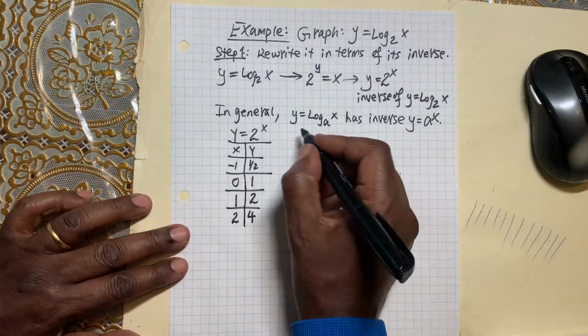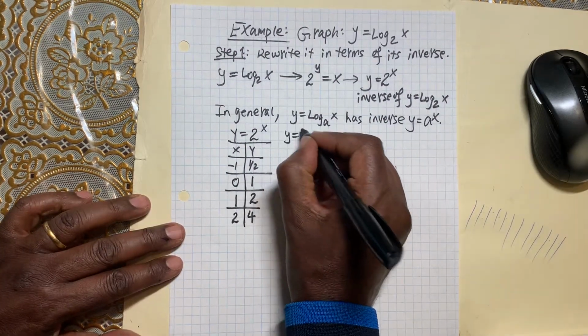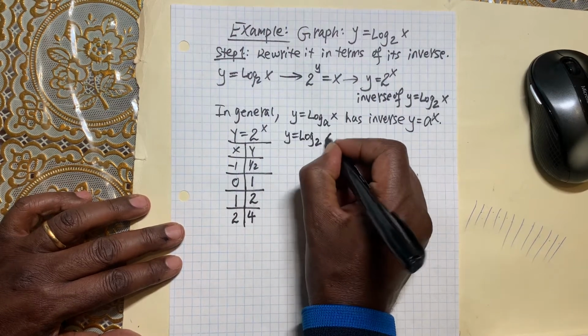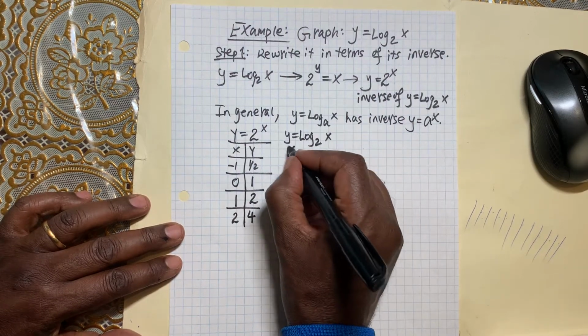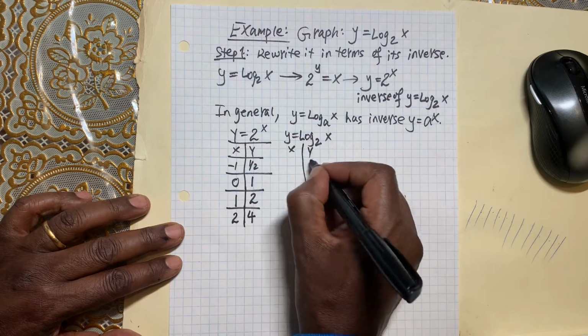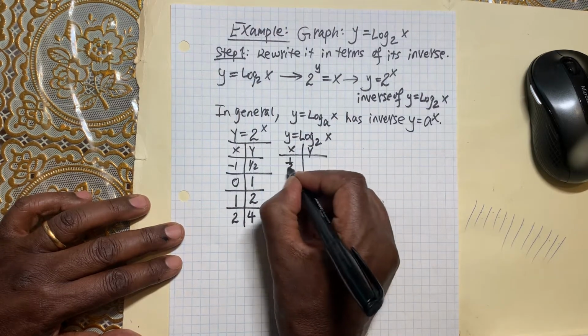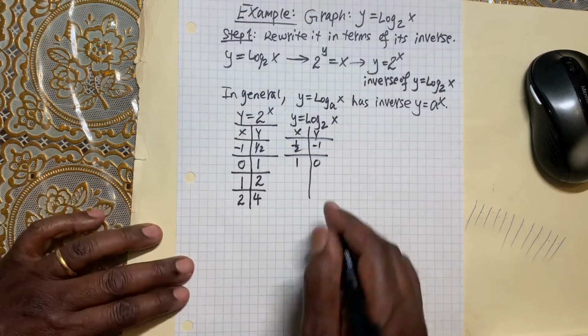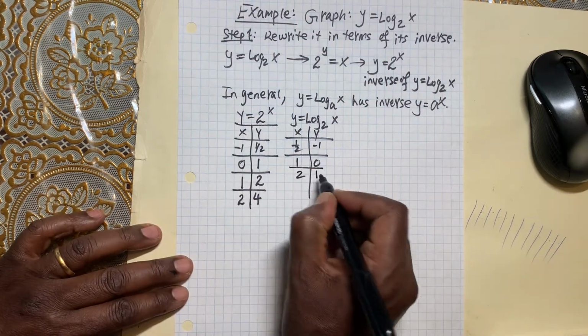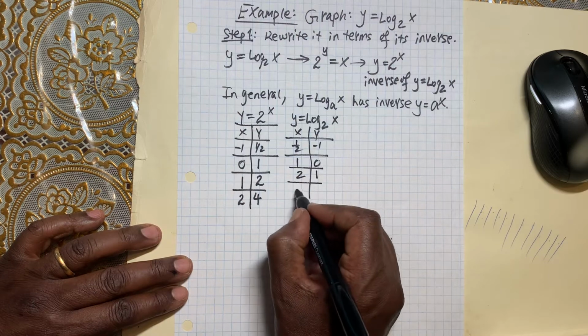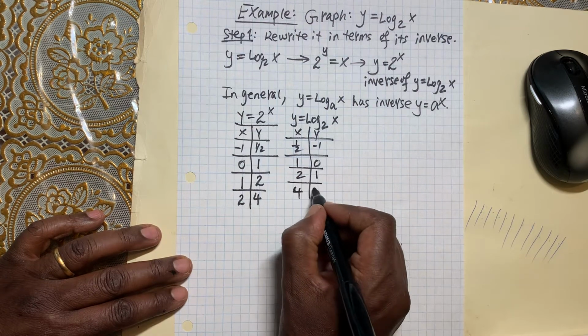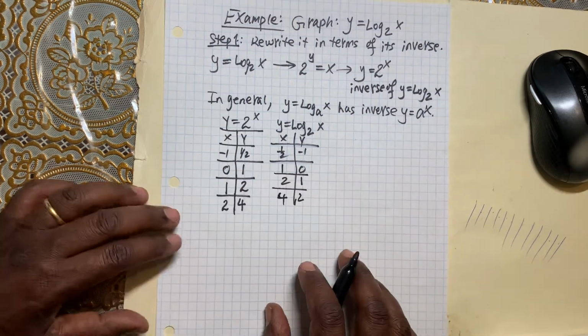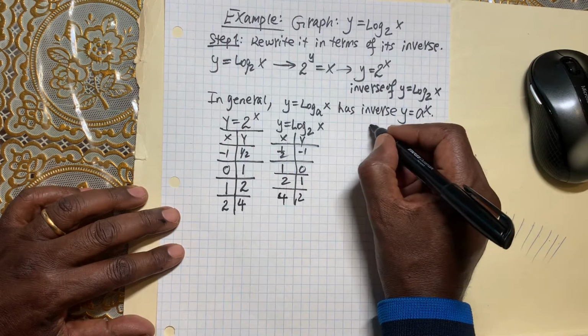Okay, so if I want to graph log base 2 of x, I just switch these values: 1/2 and negative 1, 1 and 0, 2 and 1, and 4 and 2. I'm just switching those.